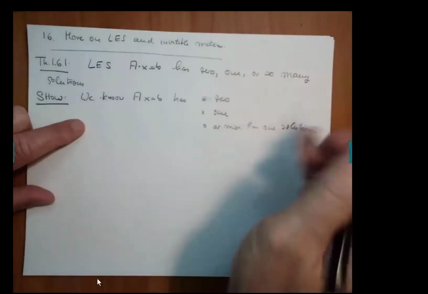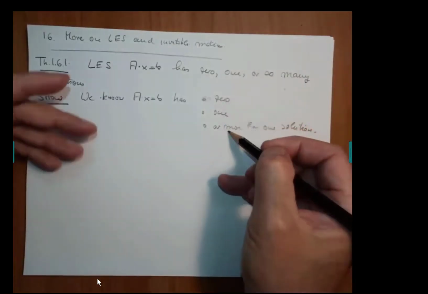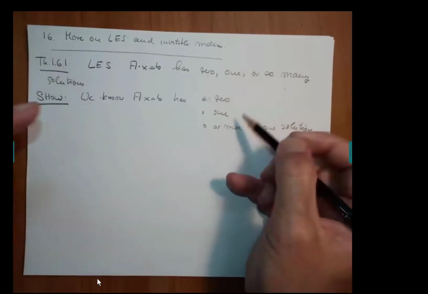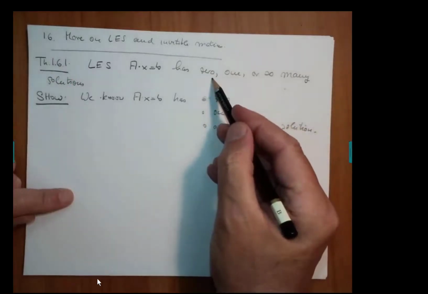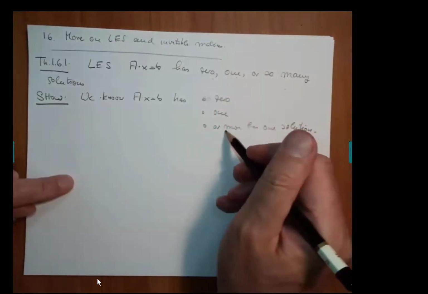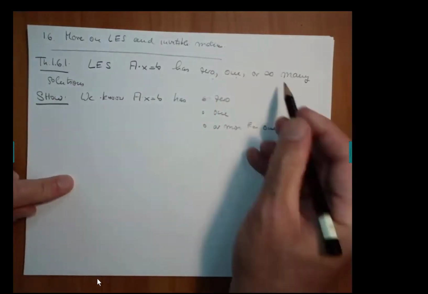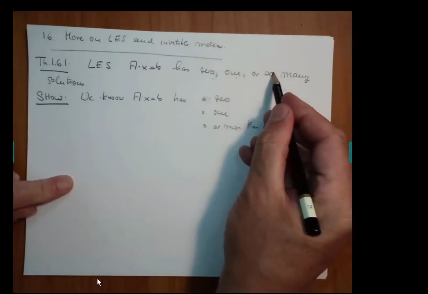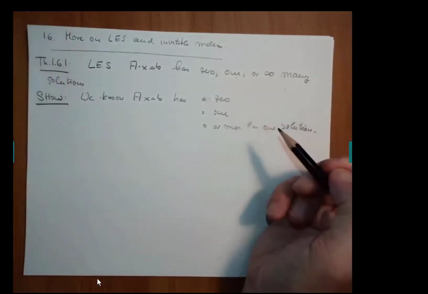That is clear from just counting. When you look at the statement of our theorem, 0 is 0, 1 is 1. So what we have to show is if you have more than 1, you automatically have infinitely many. And then we are done.